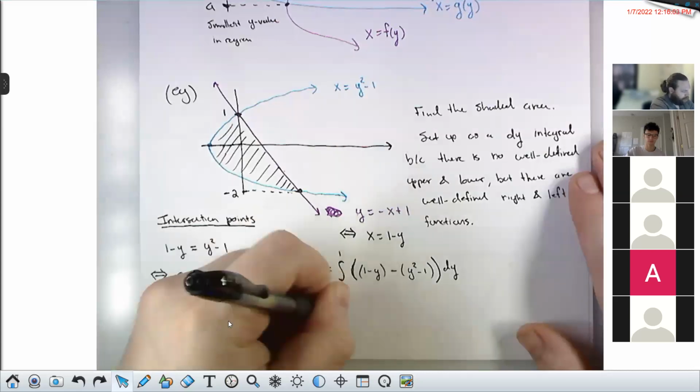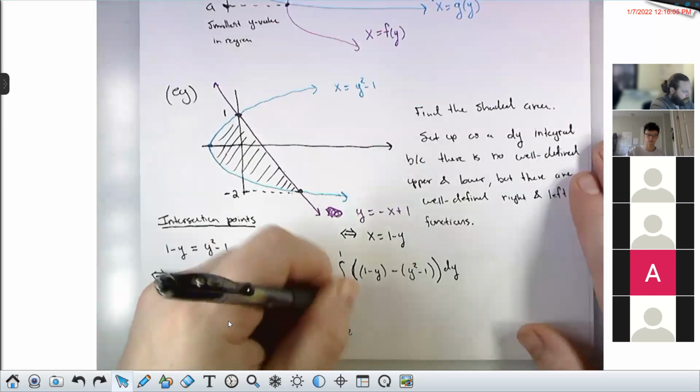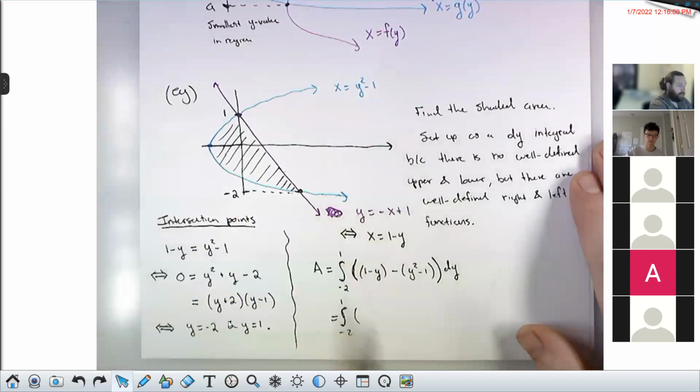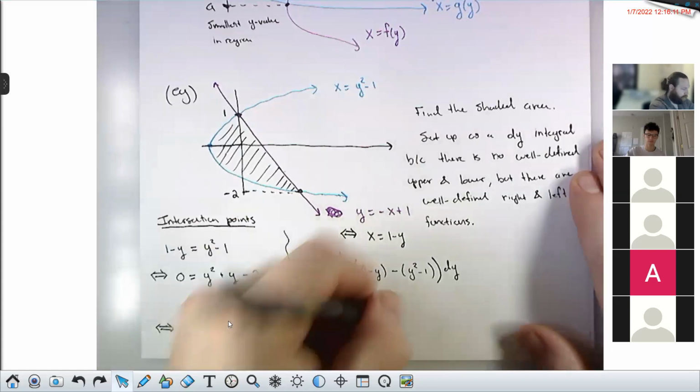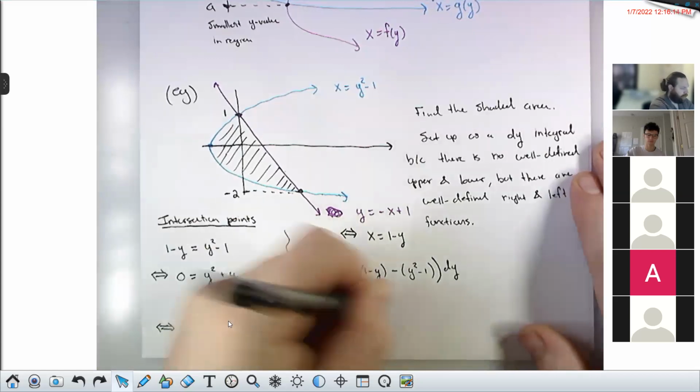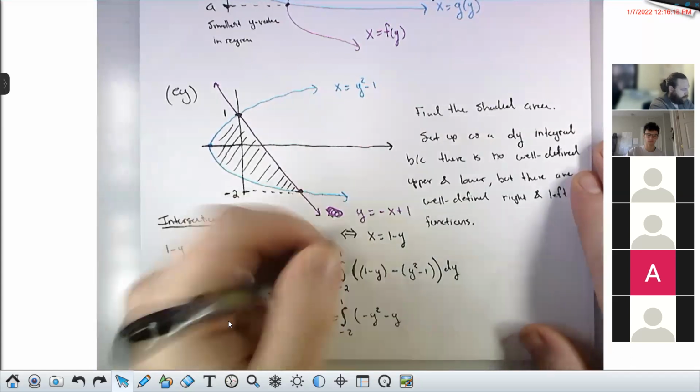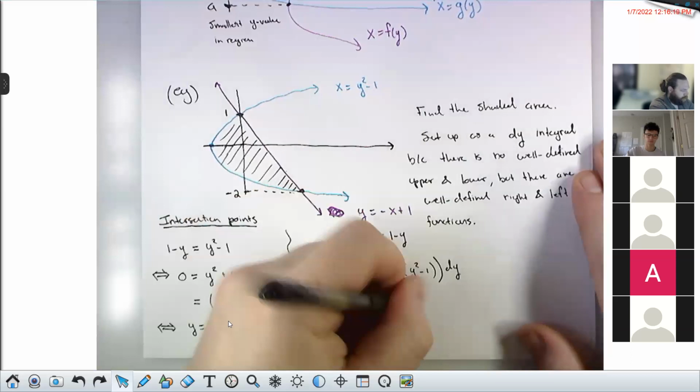So I'll combine my like terms, just clean up the integrand and write it in a nice format. I'll have a -y squared minus y, and then 1 minus -1 is +2.